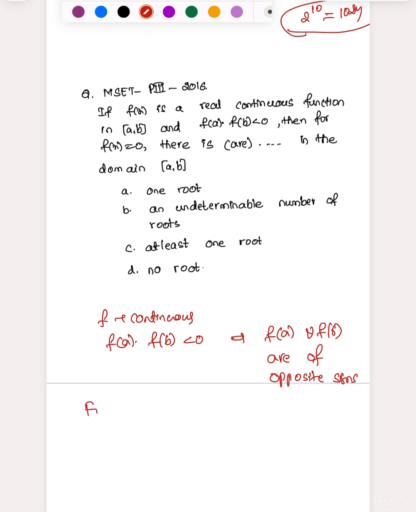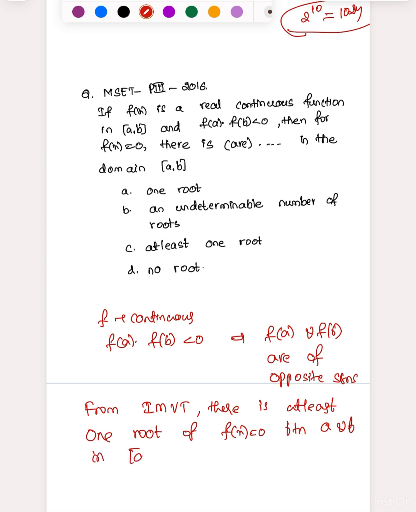Then from intermediate value theorem, there is at least one root of f of x equal to 0 between a and b, or in the closed interval ab. So just applying the intermediate value theorem, we can conclude there is at least one root between the points a and b. Therefore option C is correct.